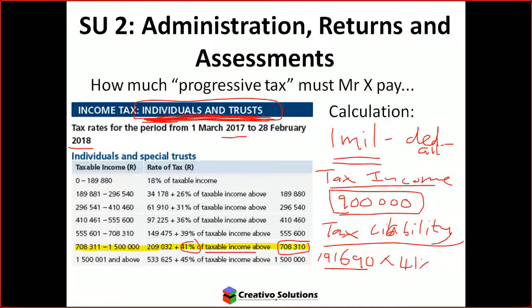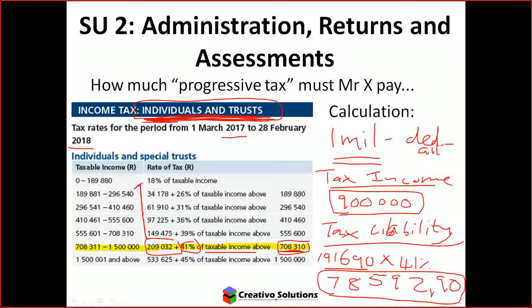And what is that going to be taxed at? 41%. Yes, sir. Okay, so if I multiply that amount by 0.41, that gives me 78,592.90. Yes, sir. And what does that represent? A portion of the amount exceeding the 708,000. You still have to pay this bit, which is the base, which is covering all of those amounts basically before.